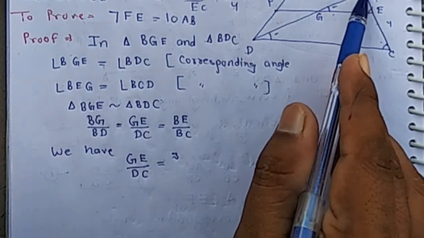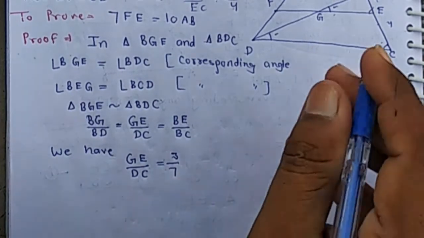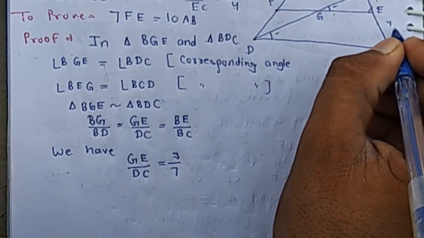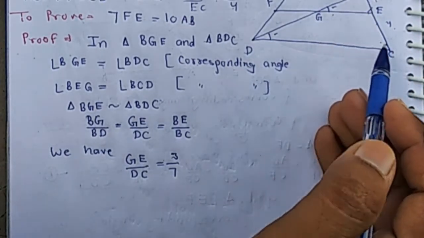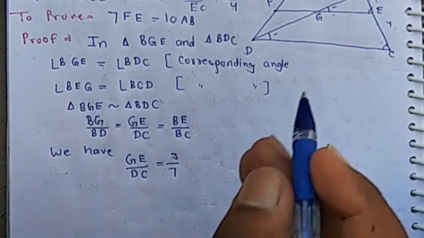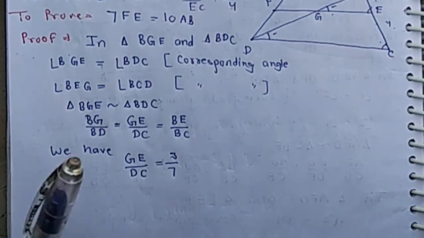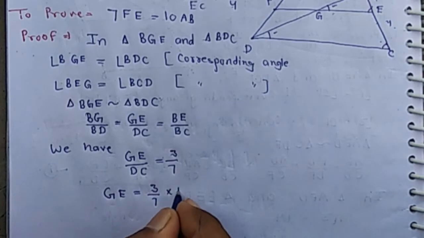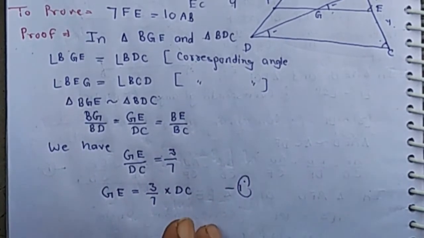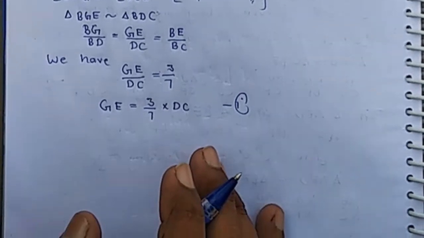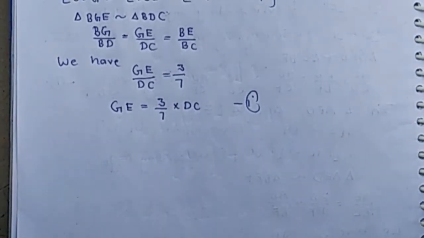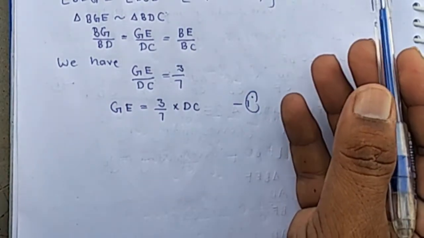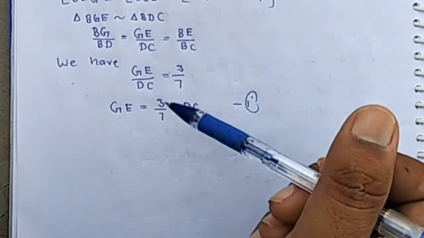Then the ratio of BE and BC is 3/7. If we let BE equal 3k and EC equal 4k, then 3k by 3k plus 4k, 7k, means 3k by 7k is 3 by 7. Then from here, we have GE equal 3 by 7 into DC. It is our first relation. GE by DC is equal 3 by 7.